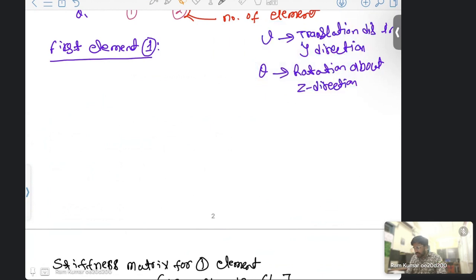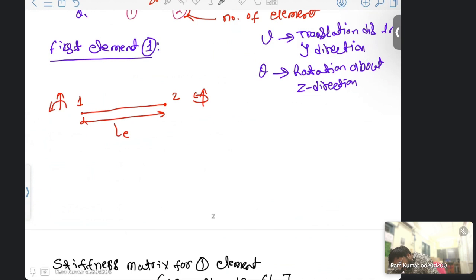So for the first element, I will write here like this. This is our first element, or any element. It has length L_e and has node 1 and node 2. Each node has 2 degrees of freedom: theta 1, v1, theta 2, v2.